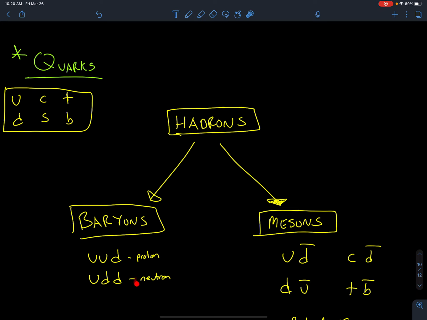Overall charge is 0. And the baryon number of these guys is 1 because each quark has a baryon number of 1/3, 1/3, 1/3. These are baryons. Mesons have a baryon number of 0 because antiquarks have a baryon number of negative 1/3. Okay, so that's why they cancel out. It's just reviewing what we talked about before.